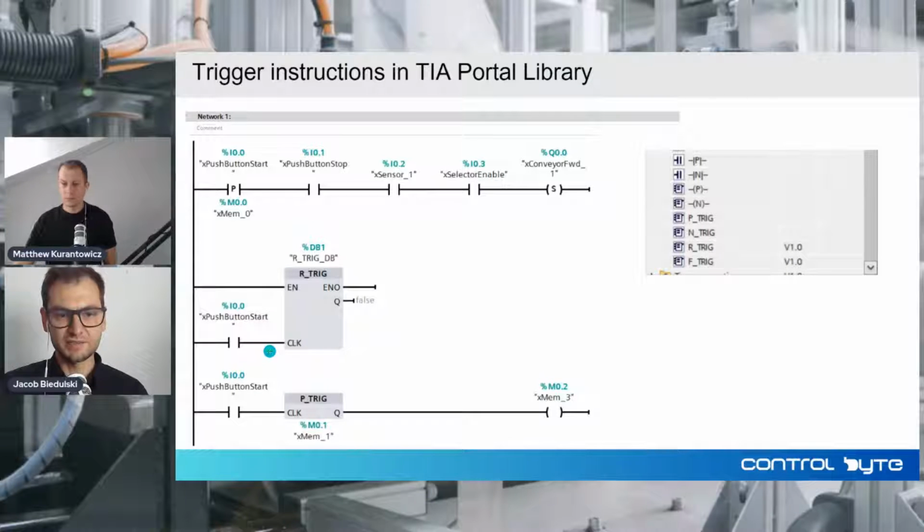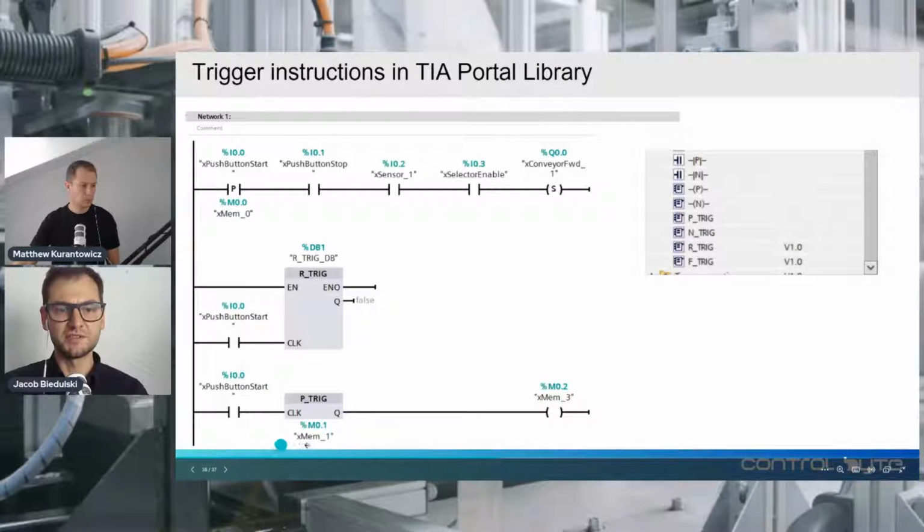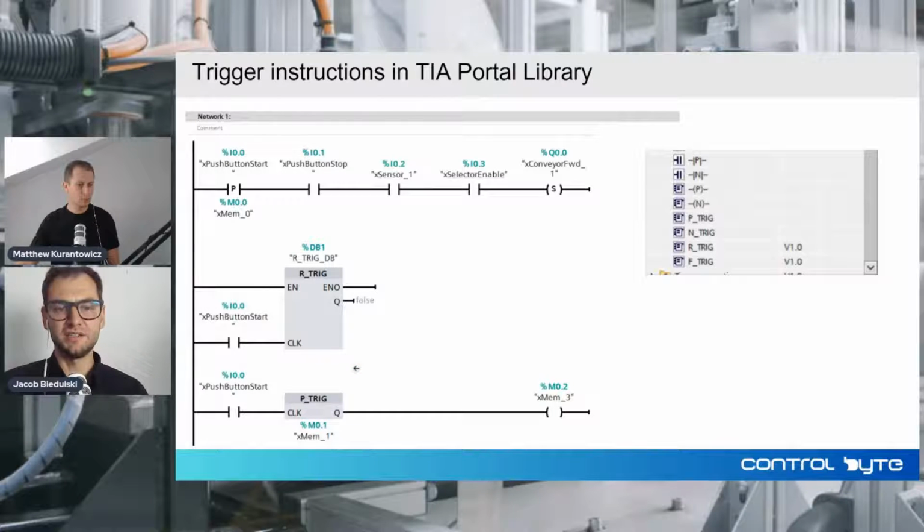And the last instruction is P_TRIG. This is also used to detect the rising edge, but on the CLK input, we detect the result of the logic operations to the left of this instruction.